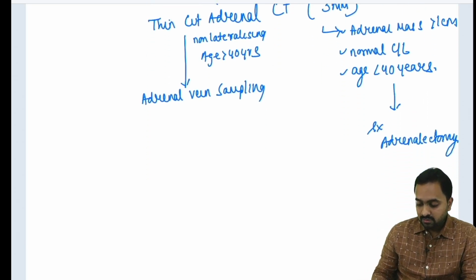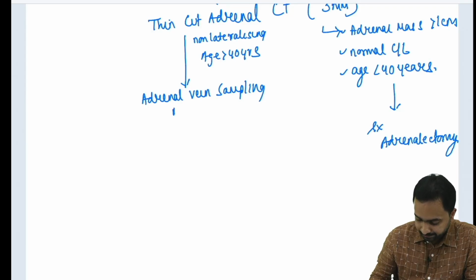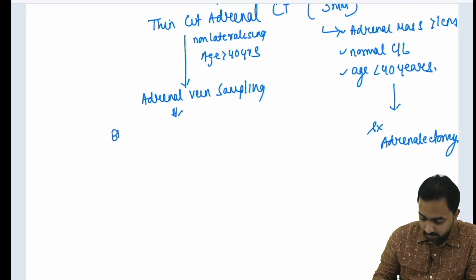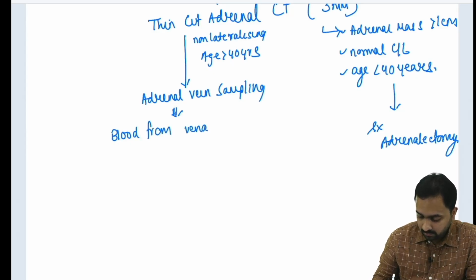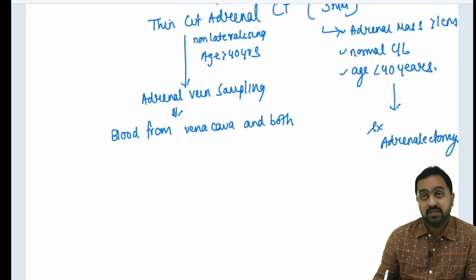Now, in case of adrenal vein sampling, here blood from vena cava and both adrenal veins, not one.